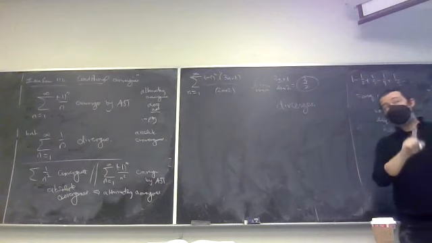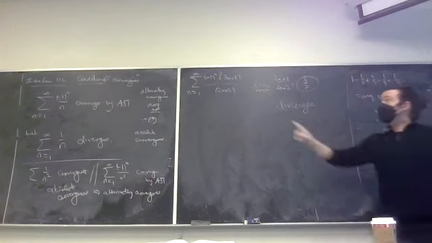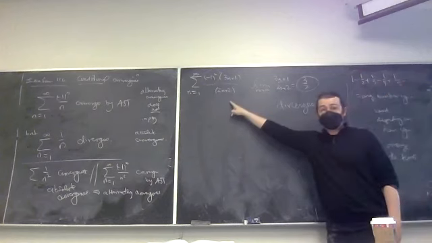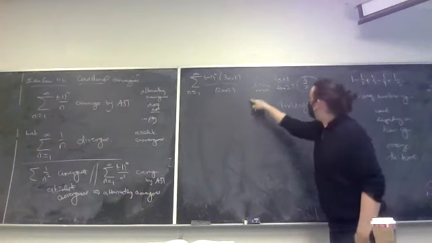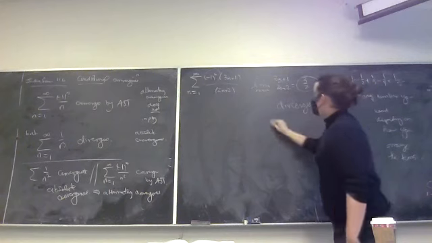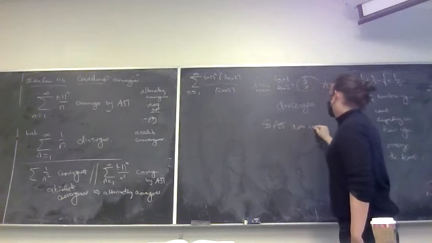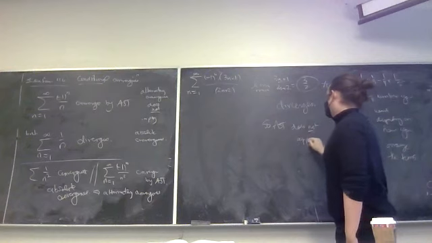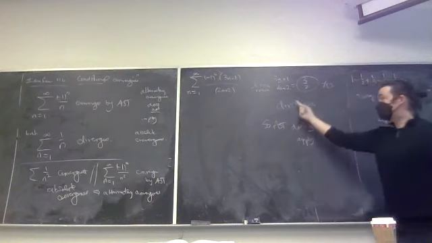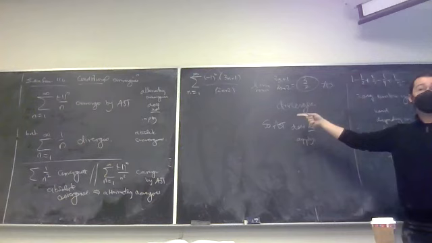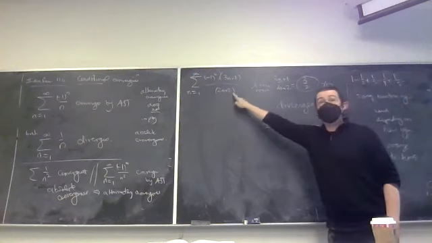Just because it alternates does not mean it converges. These still have to go to 0. Okay. This limit is not 0. So the alternating series test does not apply. In fact, you would say this diverges by the test for divergence. This limit is not 0.